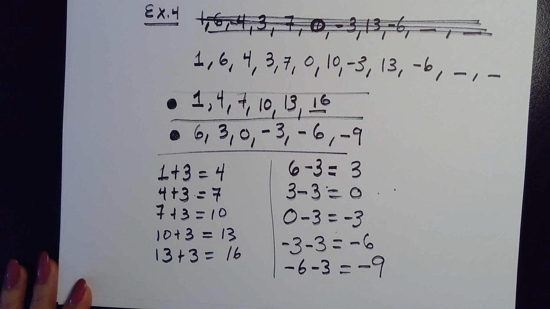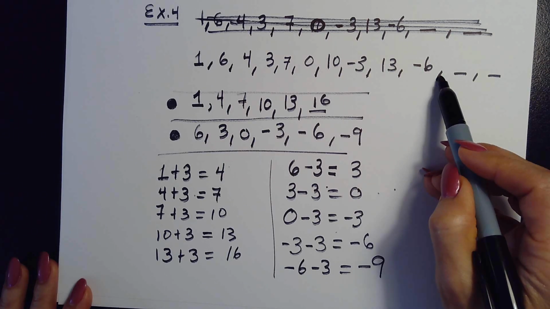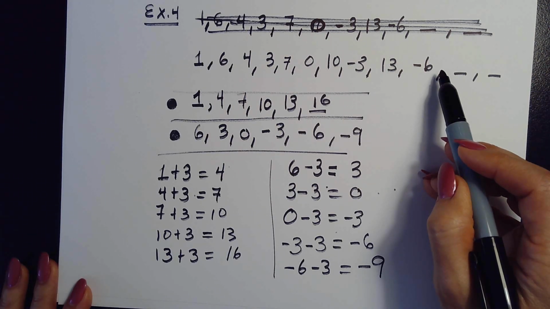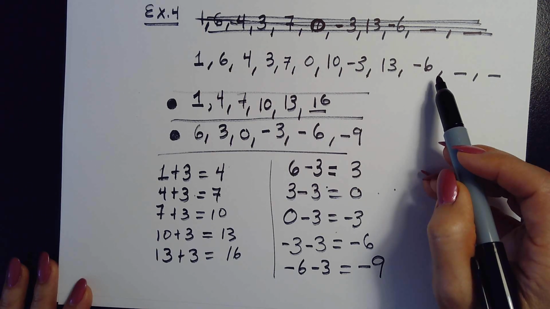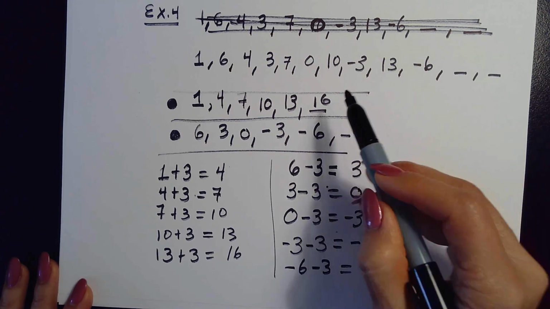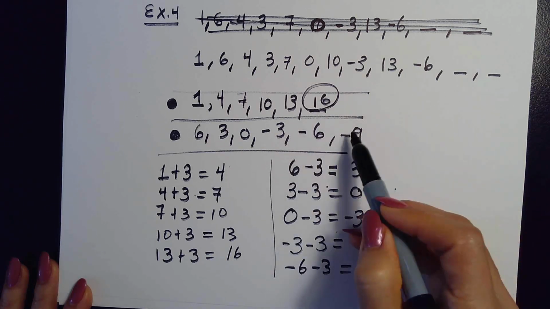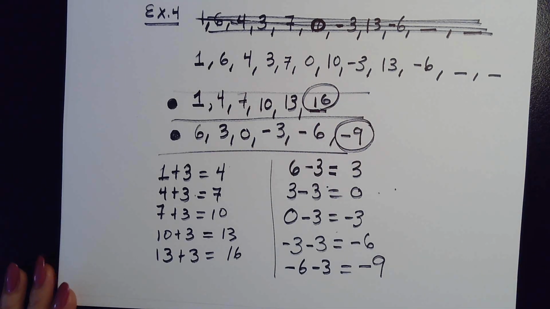So then you see how you're able to get the right set of numbers. So here, when you write these down, you're going to get these next two numbers, the 16 and then the -9. So you put those together, right next to the 13.